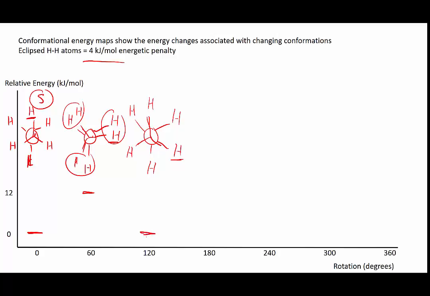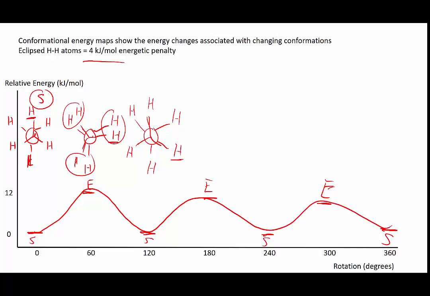And we can keep drawing this all the way around where the hydrogen moves, but in the case of ethane, it's going to alternate from staggered to eclipsed each time. The higher energy being eclipsed, and the lower energies being staggered. As we connect these together, you get this nice curve.